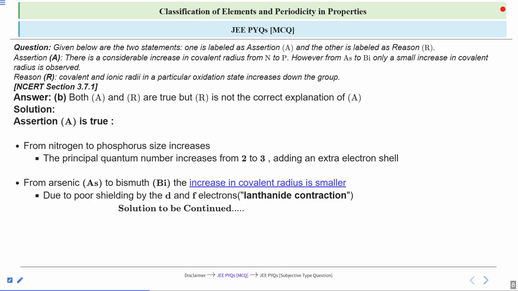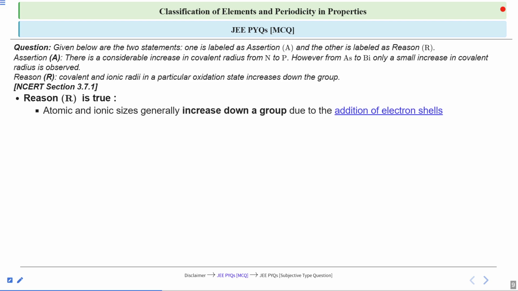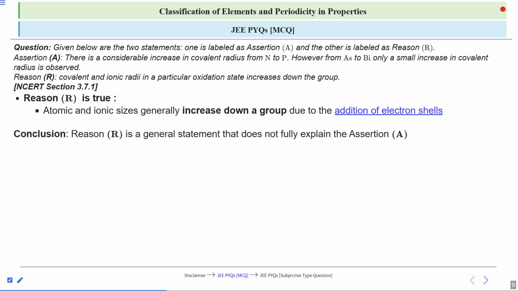So we can say that the assertion is completely true. Let us talk about the reason. If you look at the reason, then it is true, of course. There is no issue in that, because atomic and ionic size do increase down a group due to the addition of extra electron shells. But this reason is just a general statement. It is not explaining the exceptional behavior from arsenic to bismuth, that is, why specifically the size is not increasing significantly.